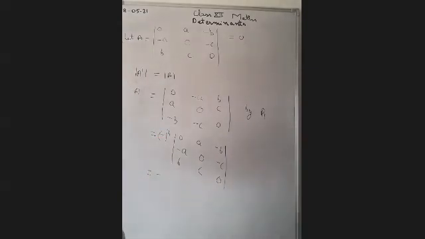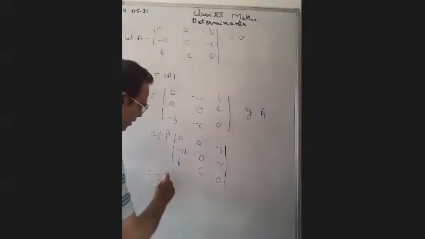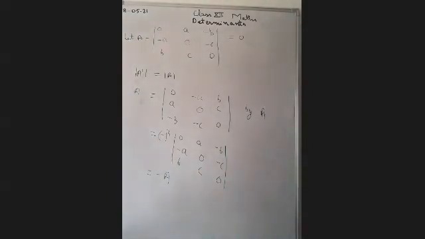Now you just see what the matrix determinant A is: 0, A, minus B; minus A, 0, minus C; B, C, 0. That is the determinant A which we started with in the beginning. Then it is equal to minus A. It is equal to A we have taken.